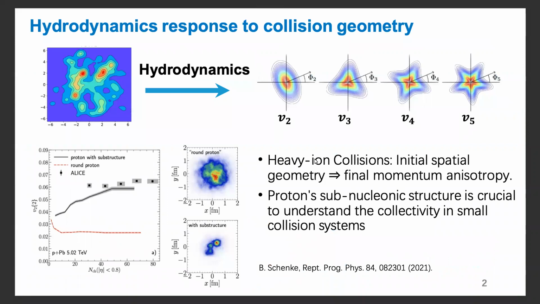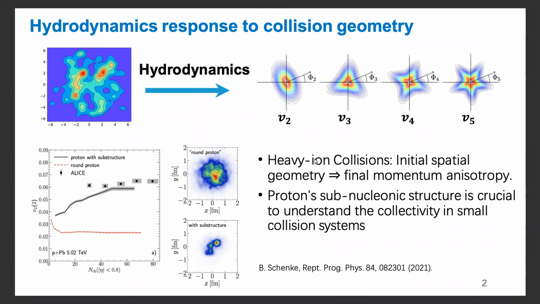Let me start with hydrodynamic response. In heavy-ion collisions, there is a quark-gluon plasma, and one of the important signatures of the quark-gluon plasma is collective flow.